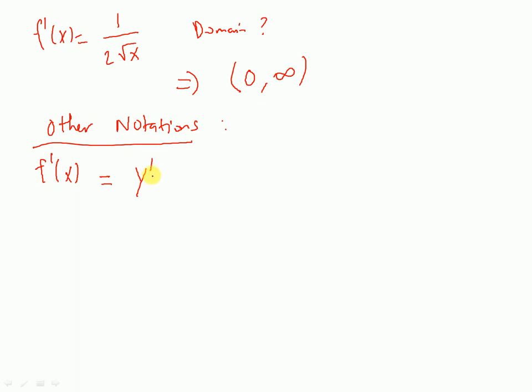So y prime is also the notation for the derivative of the function f, or you can write dy over dx. That means this is the derivative of the function y with respect to x. Or you can say df over dx, the derivative of the function f with respect to x, or you can write d over dx and then f of x.